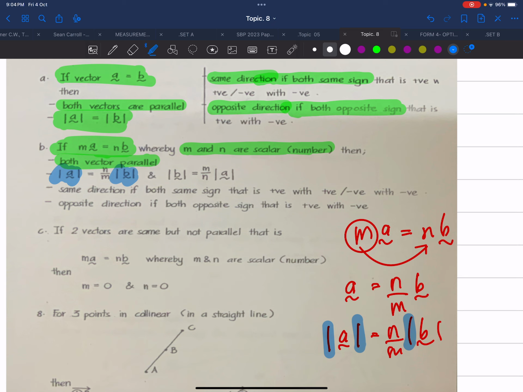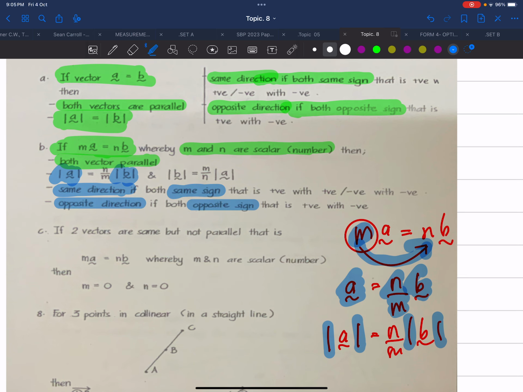Okay? I just transfer the m to the right hand side. I got vector A, n over m, vector B. Therefore, the magnitude of vector A is n over m, magnitude of vector B. And similar to just now, it will be same direction if same sign, it will be opposite direction if opposite sign.